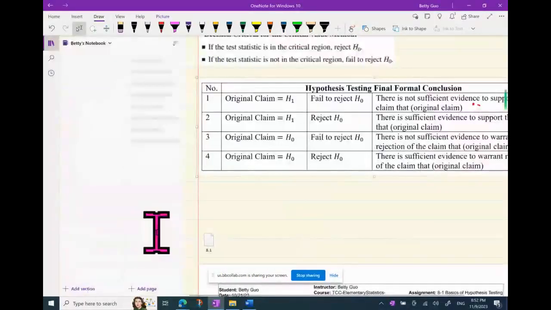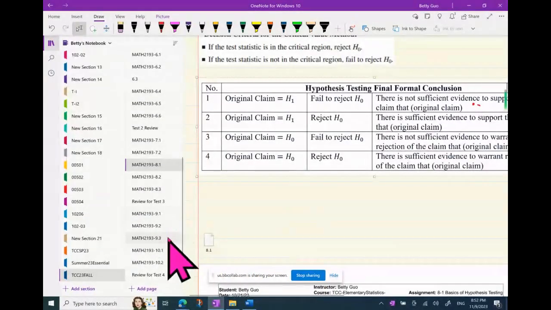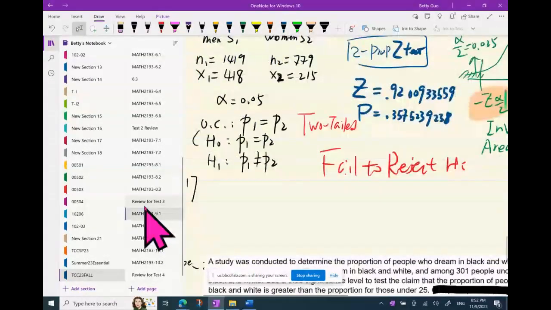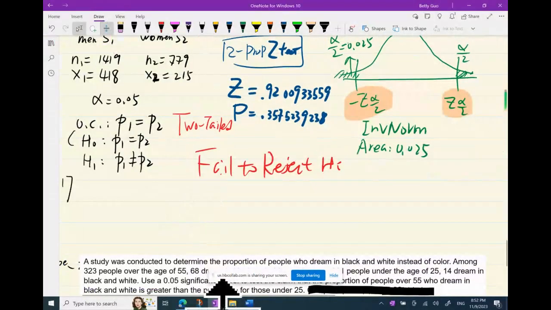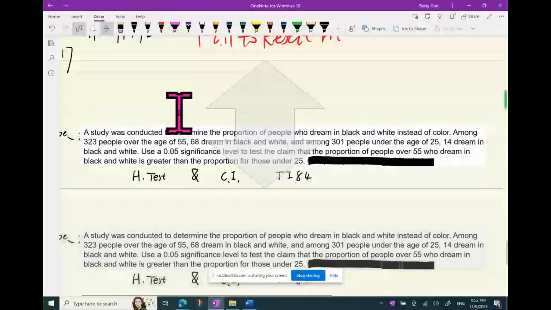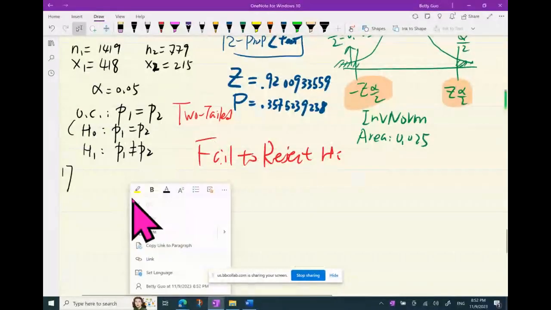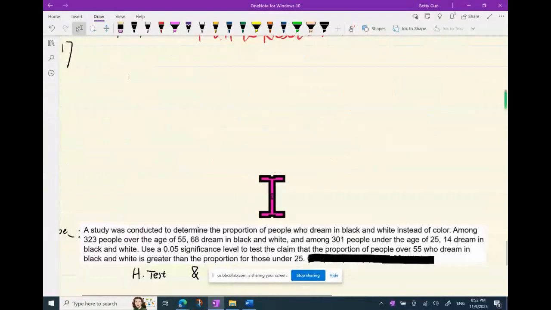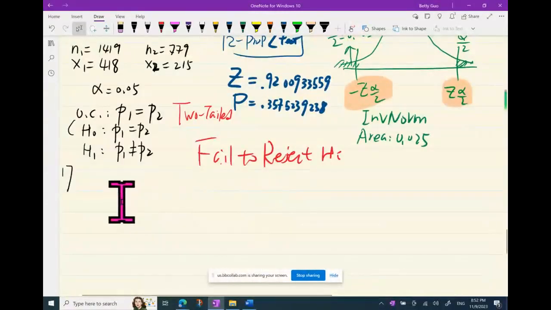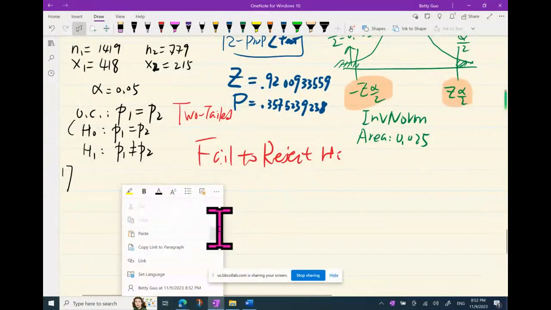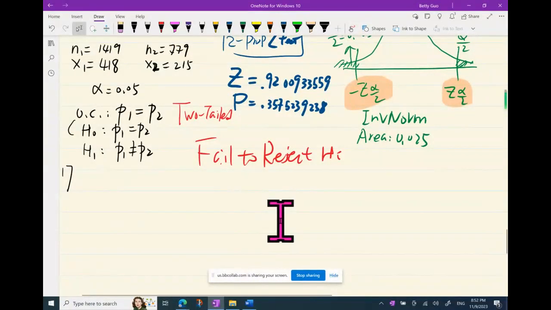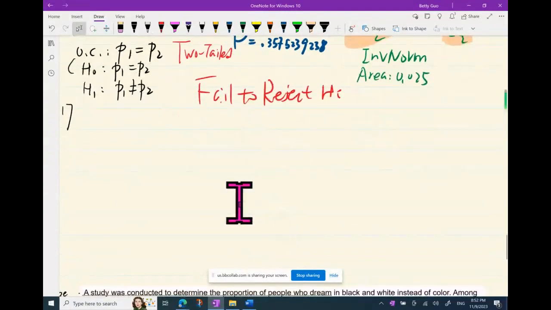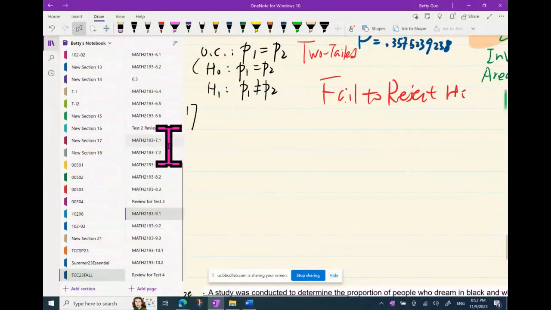Copy, 9.1, paste. It doesn't let me paste. What happened? 8.1.